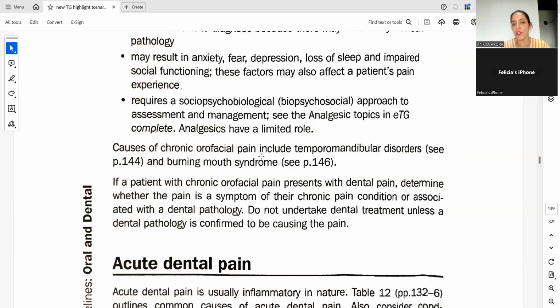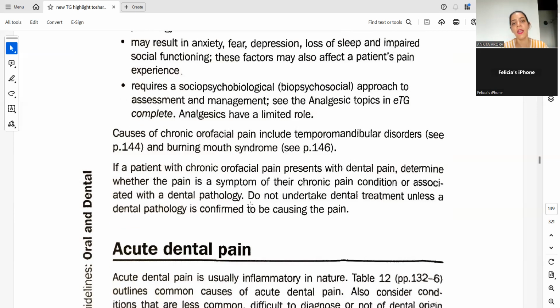Causes of chronic orofacial pain include temporomandibular disorders, as I mentioned just now, and burning mouth syndrome, which we read in the previous class, where the whole of the mouth has a typical presentation of burning-like symptoms.